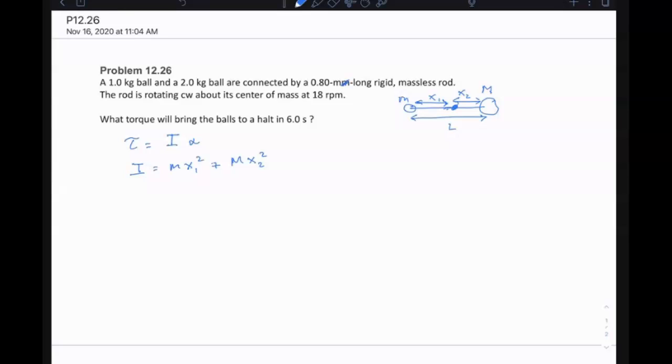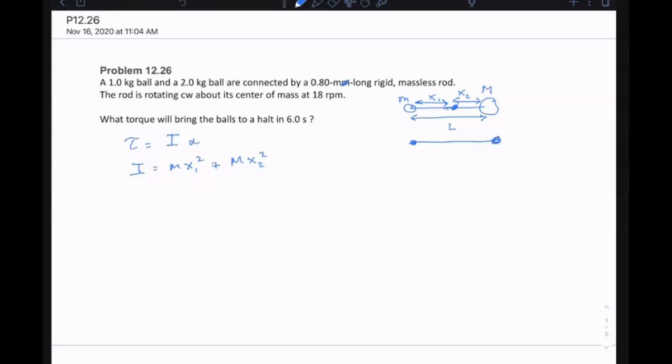Okay, so now we need to determine what x1 and x2 are in terms of L. And to do this, we employ our definition of center of mass. And we'll make our determinations simple by asking what is the center of mass of the system with respect to the left-hand mass.